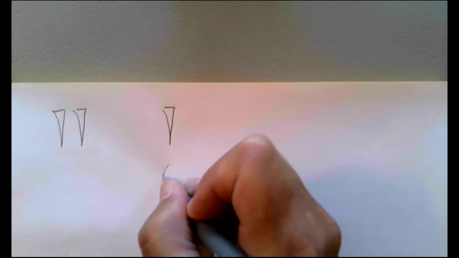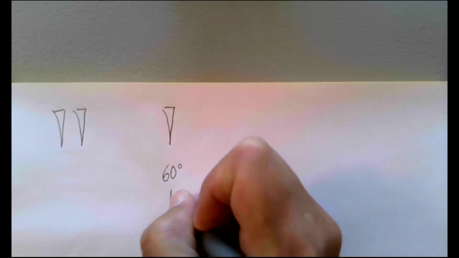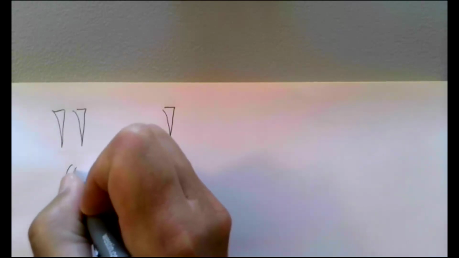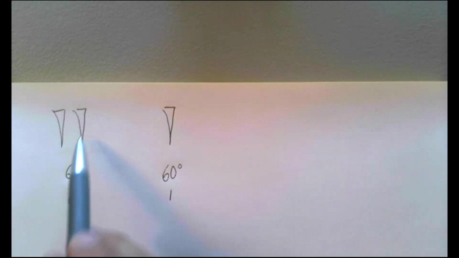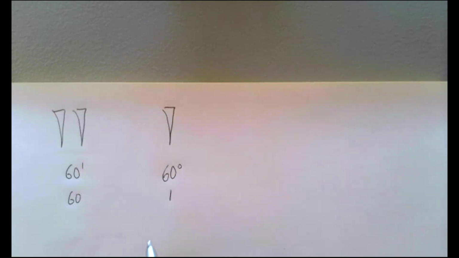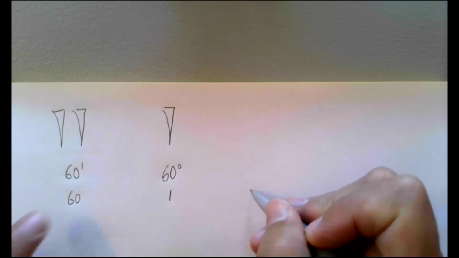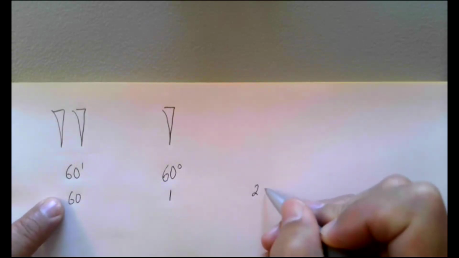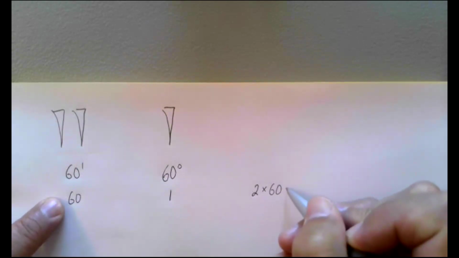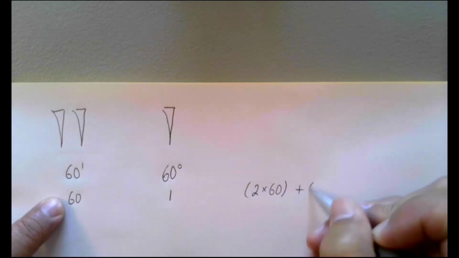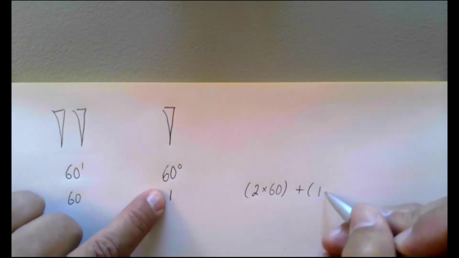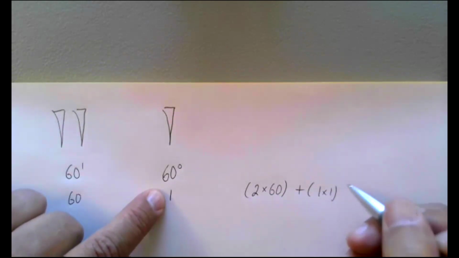This is my 60 to the zeros place, my ones place. This is my 60 to the first power's place, or my 60s place. It's telling me I have two sets of that plus one set of that. Okay, if you want to think of it like two sets of 60, one set of one. Go ahead and do the math on that.